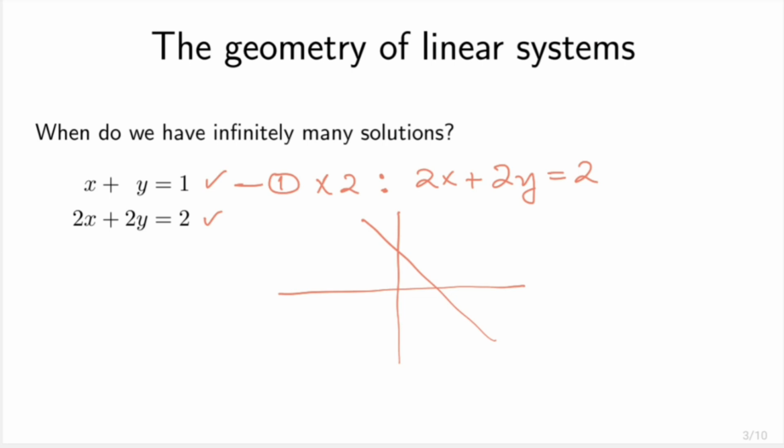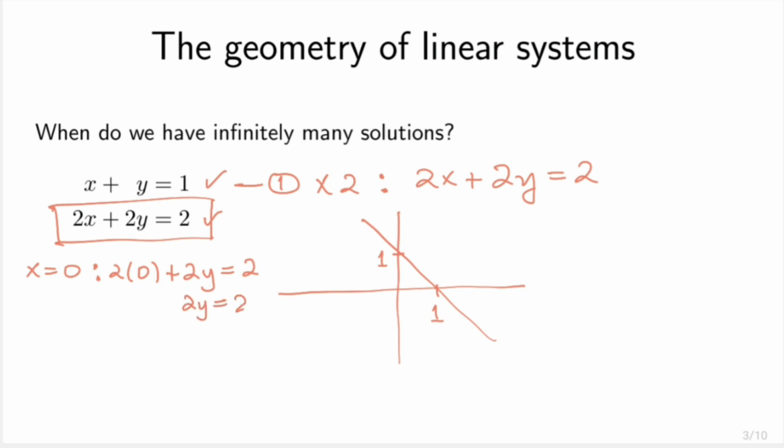We can say, okay, first let me label this. This is 1. This is also 1. If we say, what is the x-intercept and what is the y-intercept, that's going to help us plot. So what happens when x equals 0? When x equals 0, we have 2 times 0 plus 2y equals 2. Now 2 times 0 becomes 0, so 2y equals 2, then y equals 1.